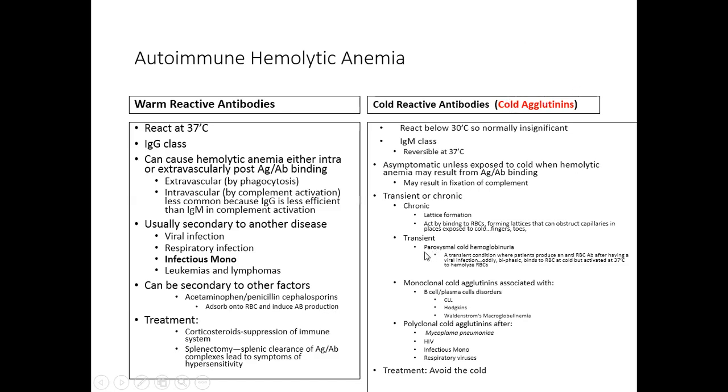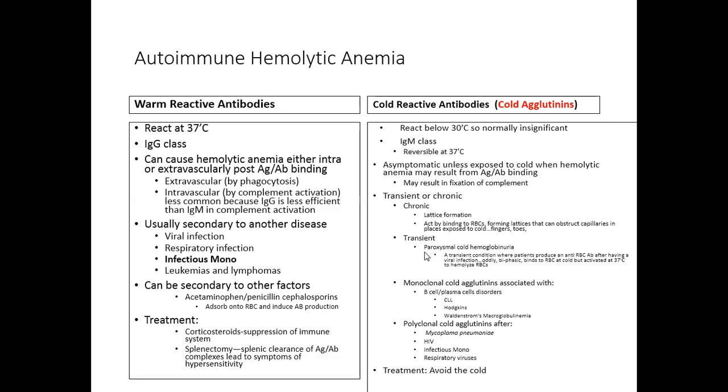There's a disease called paroxysmal cold hemoglobinuria, where after a viral infection, patients produce an anti-red cell antibody. We'll talk about it in a second, but we'll probably talk about it now and then get past it. This antibody is called biphasic.